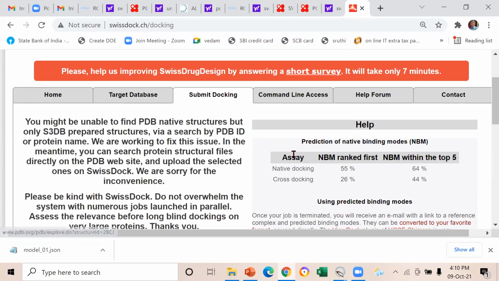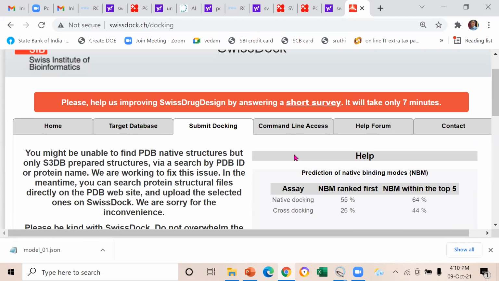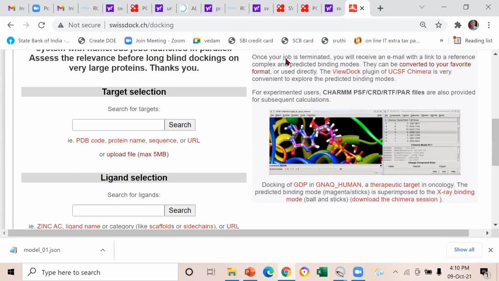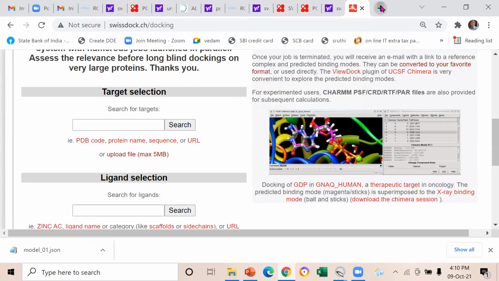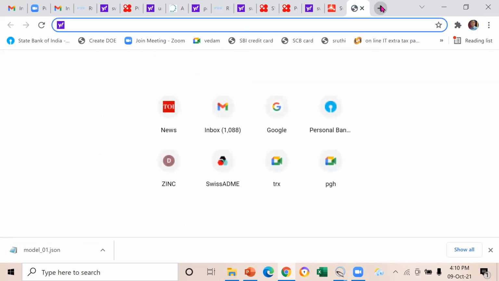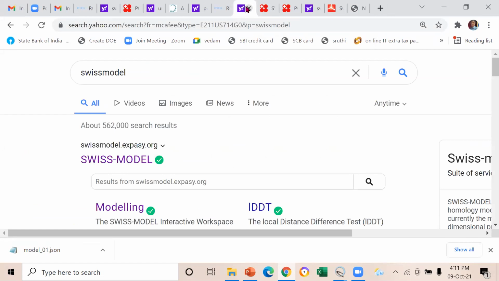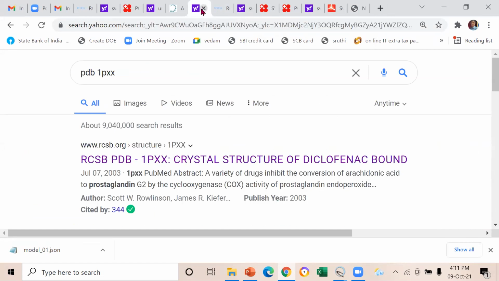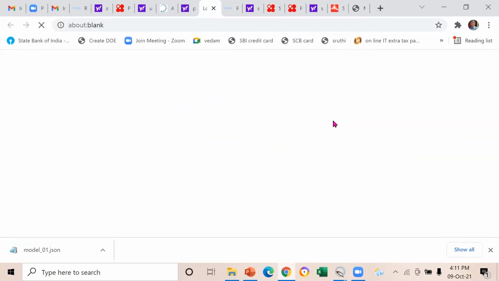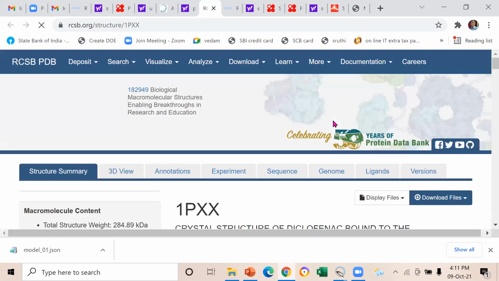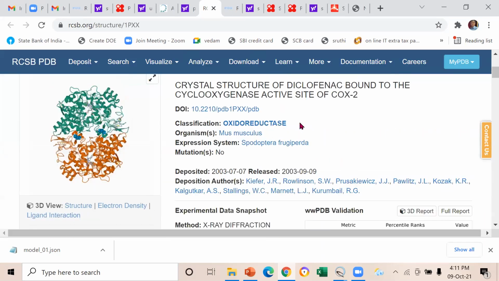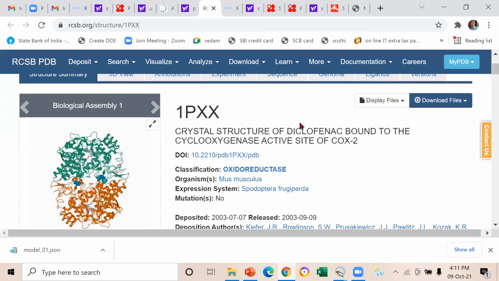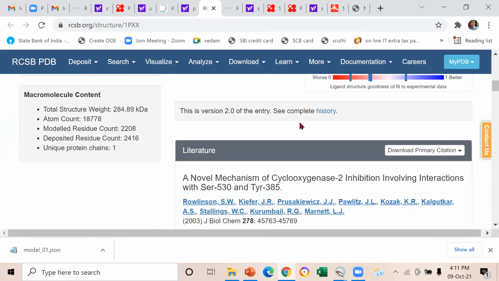Sometimes, many times when you download from PDB, the protein will not be good enough for docking.